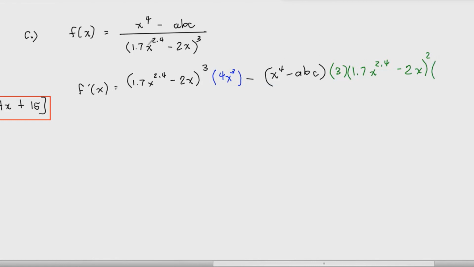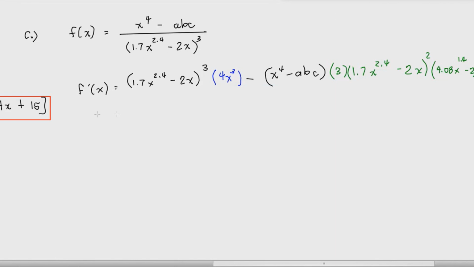So I'll be having 1.7 times 2.4. I'll be using the calculator to multiply that. We have 4.08. So we'll be having here 4.08, and then x raised to 1.4 since it's already subtracted by 1, and then minus 2. So that is the derivative of what is inside here.